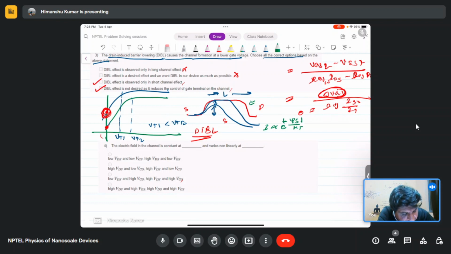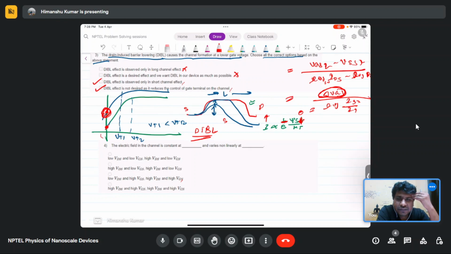Now your psi s is reduced, so your current will increase. So even if you did not apply the gate voltage, the current is still increasing.